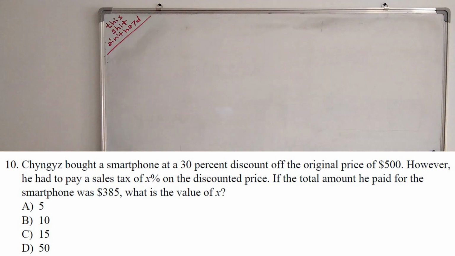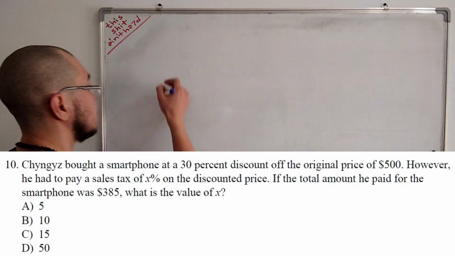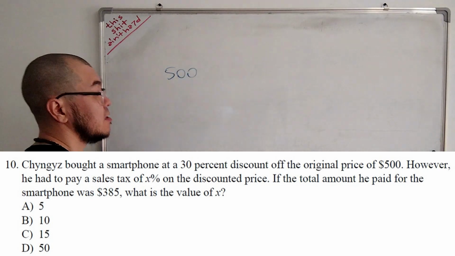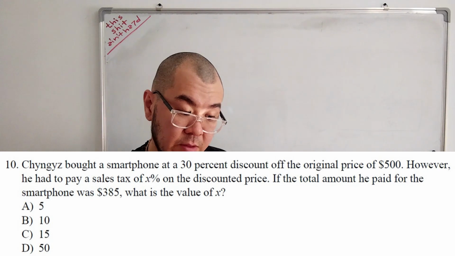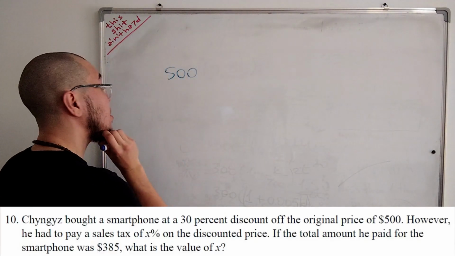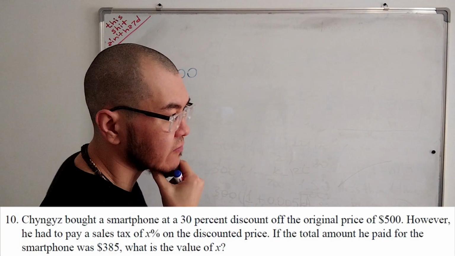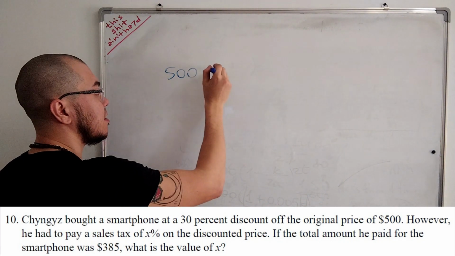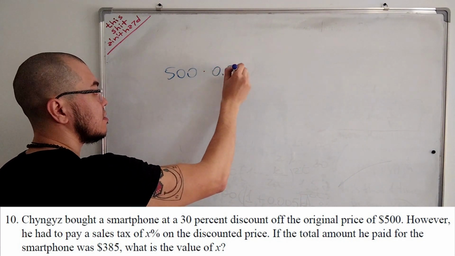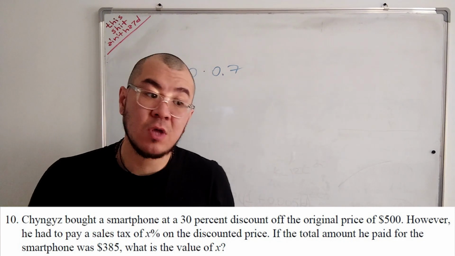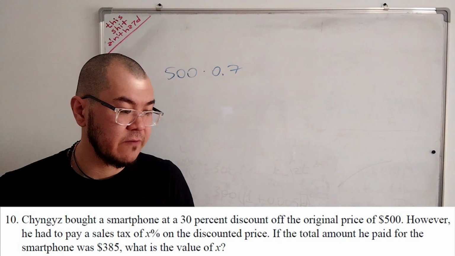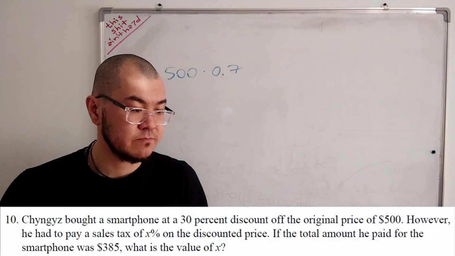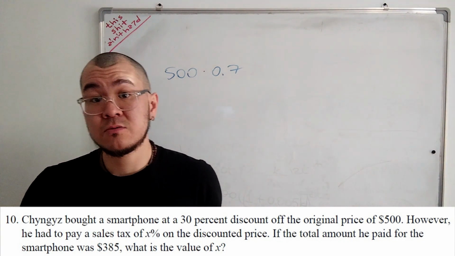Okay, so what do we have? We have the original price, 500, and we have some discount, 30%. So the original price we have to multiply by 0.7 to find out how many bucks he will pay after the discount.